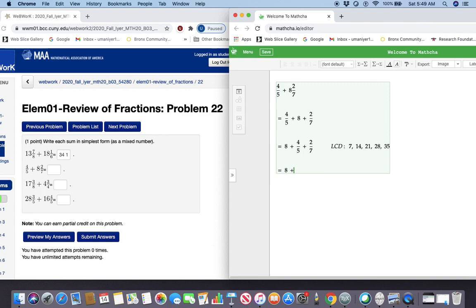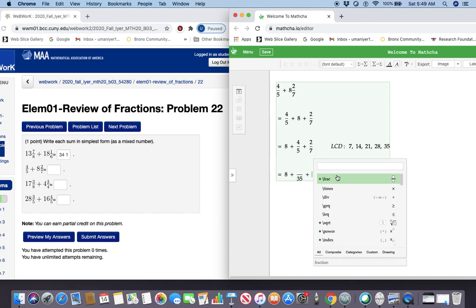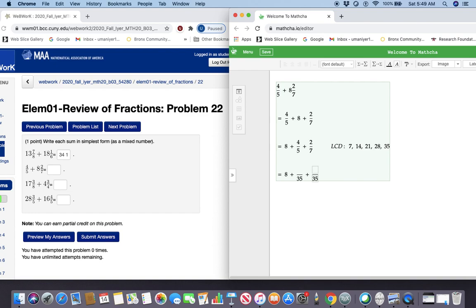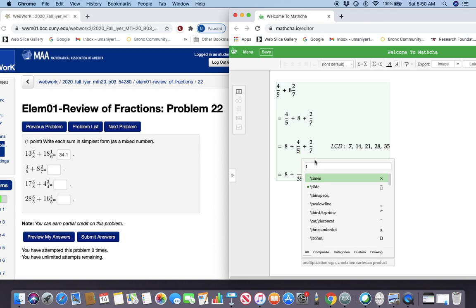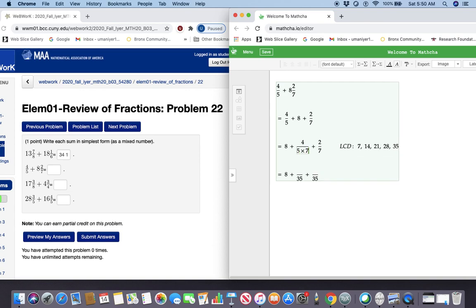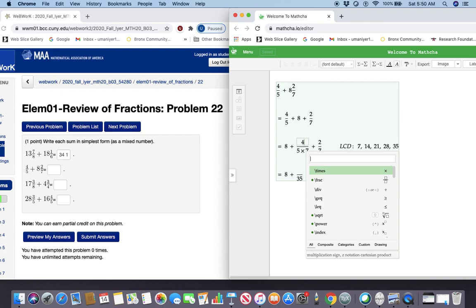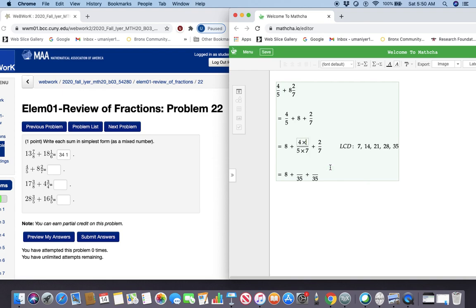So 8 plus. I want both the fractions to be written with 35 in the denominator. How do I go from 5 to 35? I need to multiply by 7. Whatever I multiply by in the denominator, I must multiply by in the numerator.